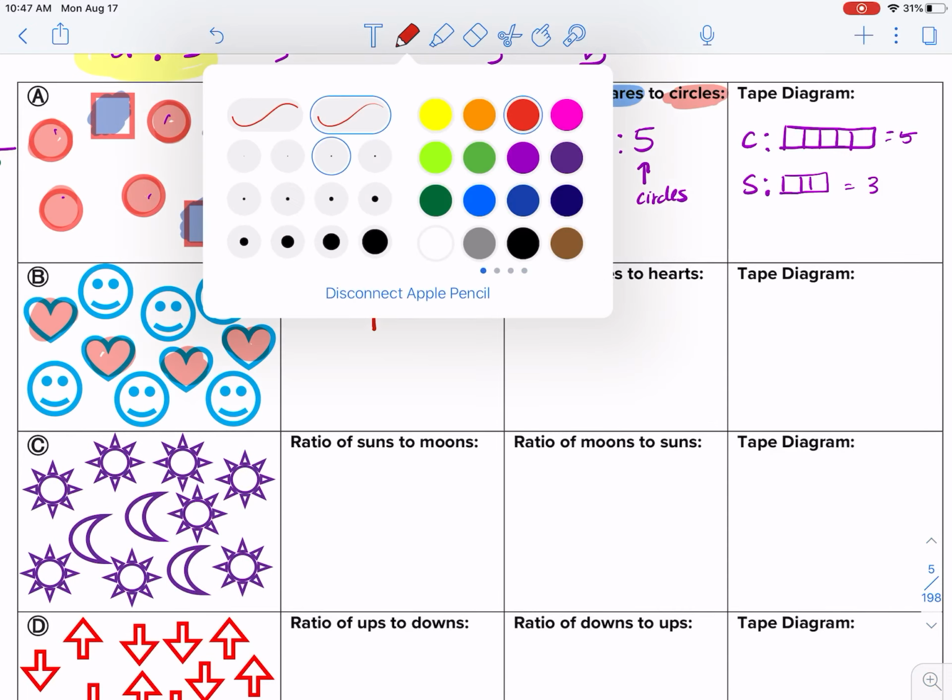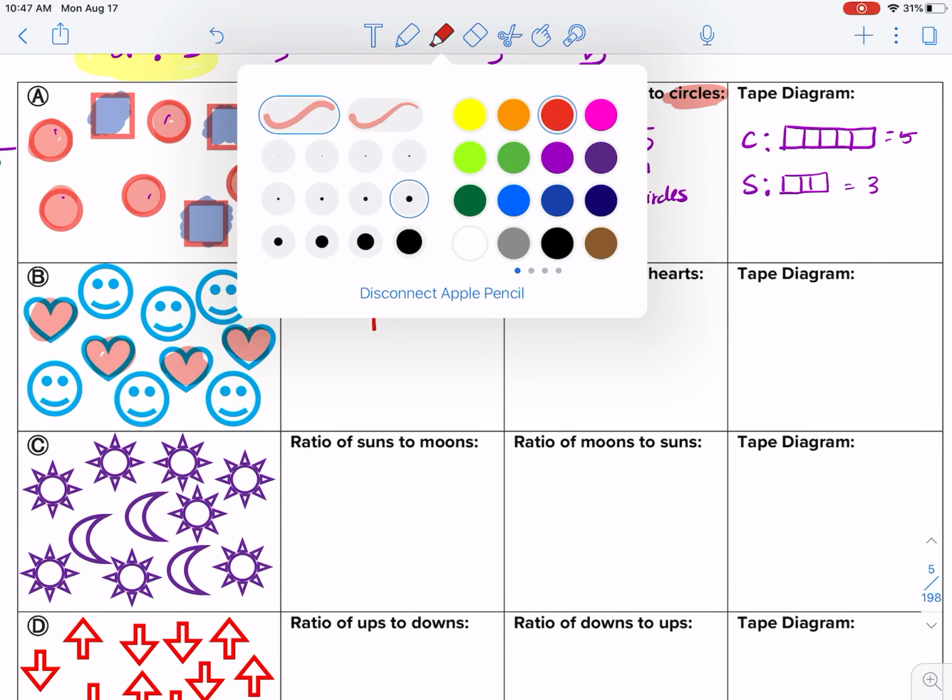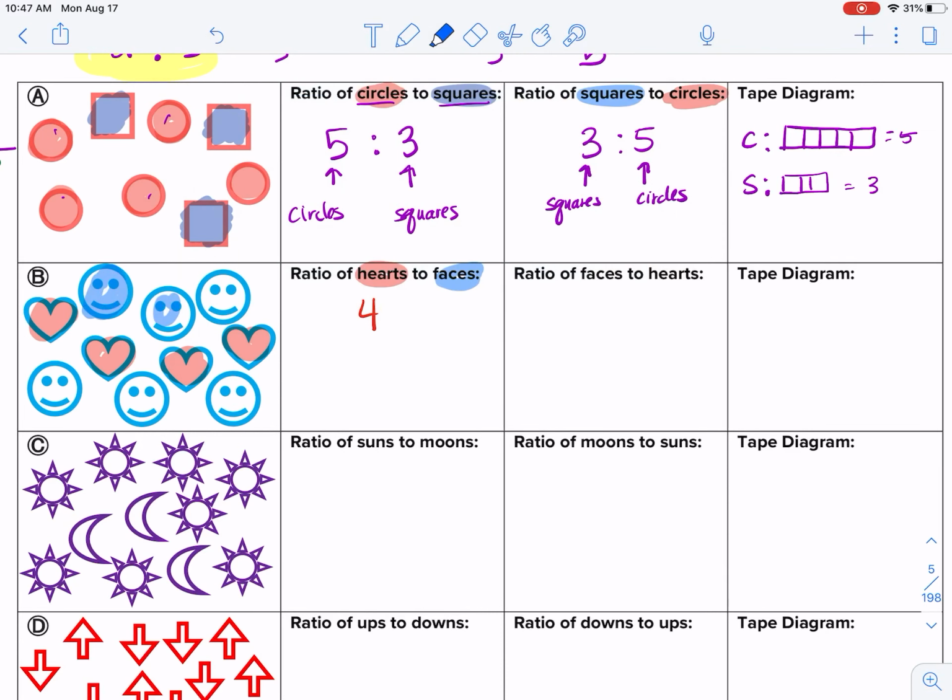How many faces do I have? 1, 2, 3, 4, 5, 6. I have 6 faces. So I'm going to put 4 to 6. Okay, hearts comes first. So I'm going to do hearts first and then my faces.